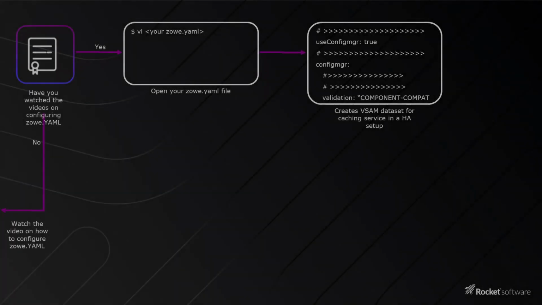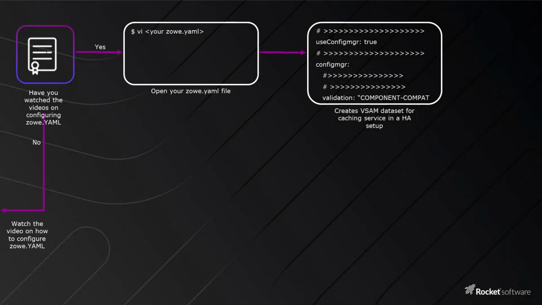Now let's talk about config manager. Config manager is a powerful tool that enables lots of functionality, including enabling stricter configuration validation via schema support, a significant startup performance boost, and allows for splitting the Zowe.YAML into multiple files that get merged.